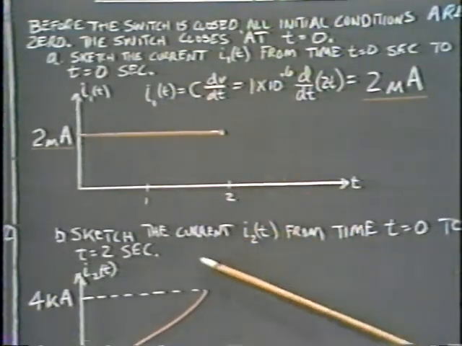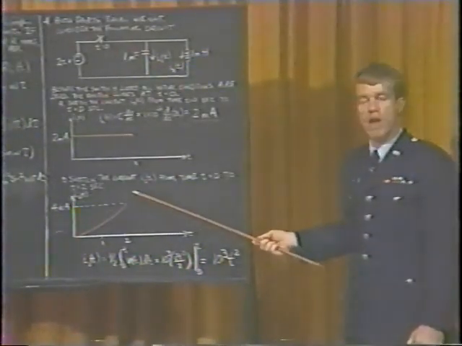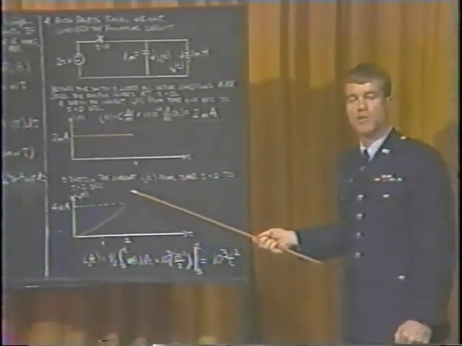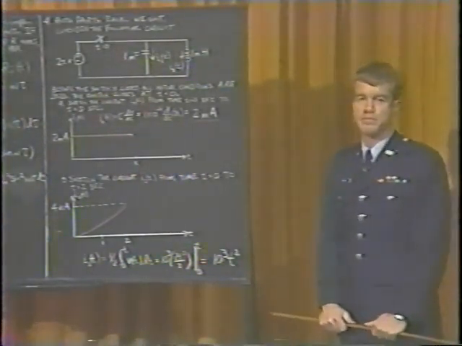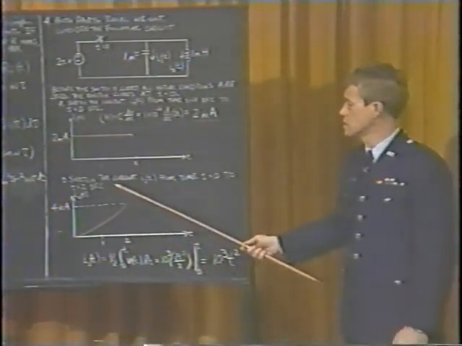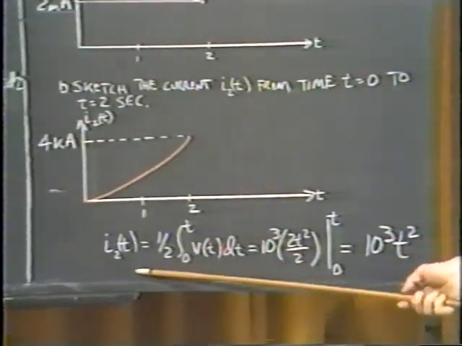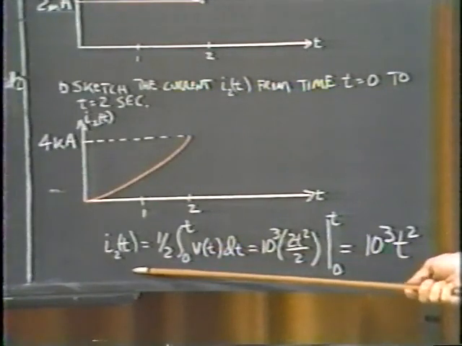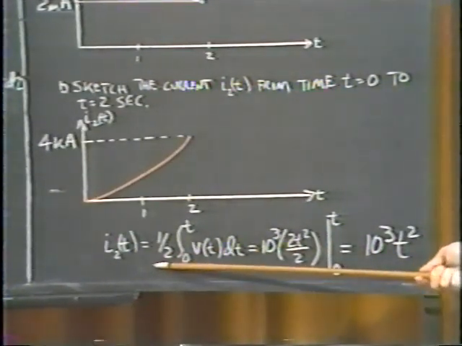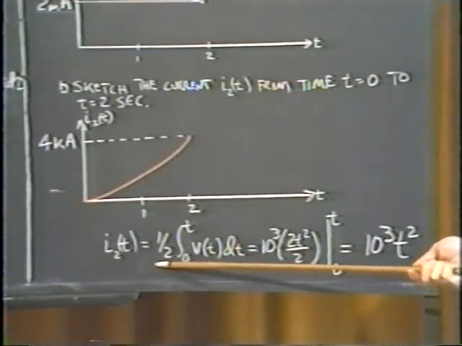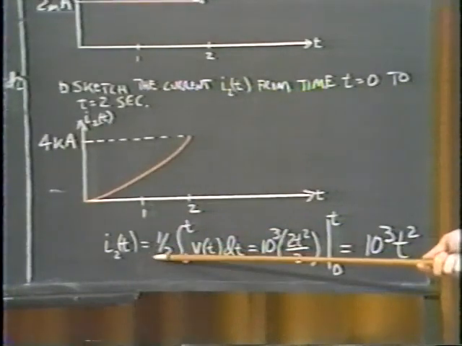Now, using the other input relationship for the inductor, we can arrive at, given the same voltage is applied across the inductor, what must be the current I2 going through the inductor. In this case, I've done the calculation down here at the bottom. I2, the current going through the inductor, is simply 1 over the inductance.